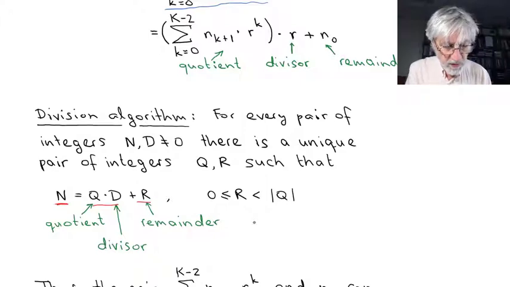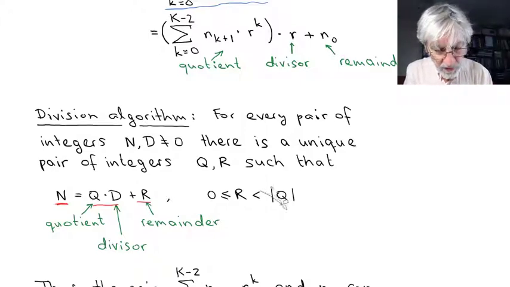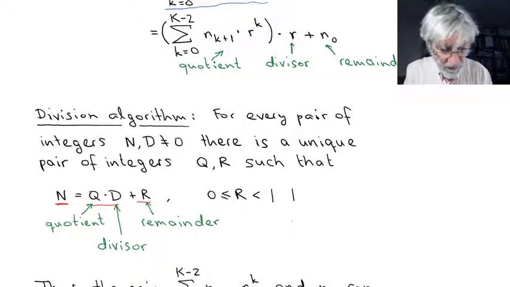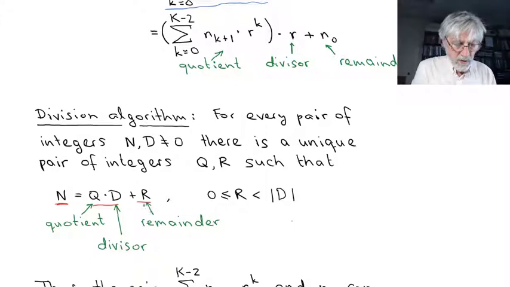That should not be the quotient, that should be the divisor. So let's change that here. If we can erase that thing. Okay, so now we have to take the D here. Okay, so it should be between 0 and the magnitude of the divisor.